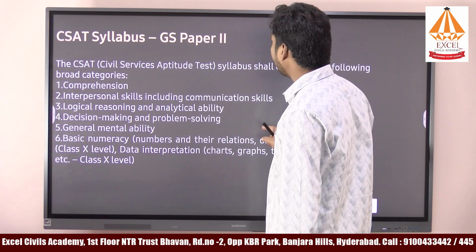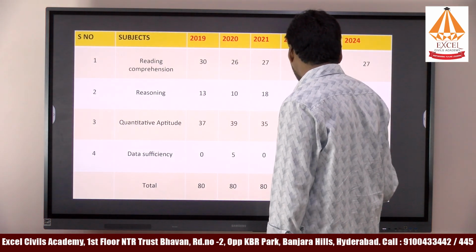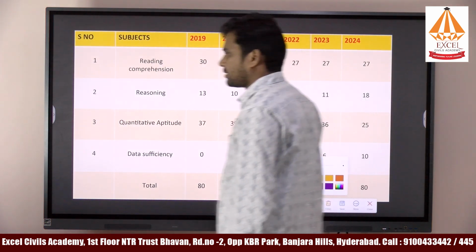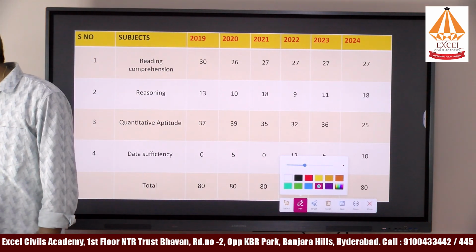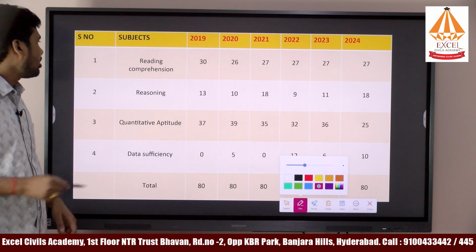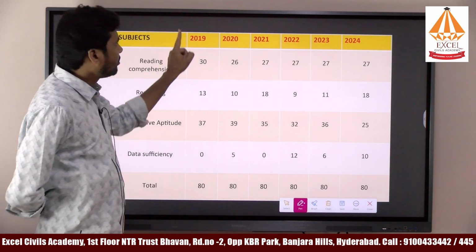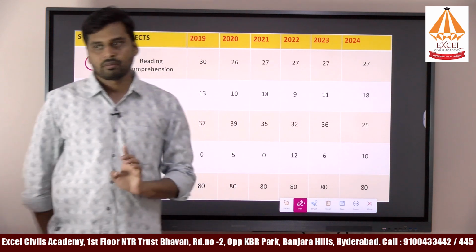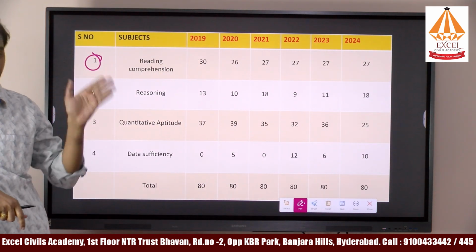Now we can also see the weightage of these topics so that you will get clarity about all these topics. The first thing is, let's talk about reading comprehension. Now I am showing the data from 2019 to 2024. Let me tell you why I am taking it from 2019 even though it was introduced in 2011.